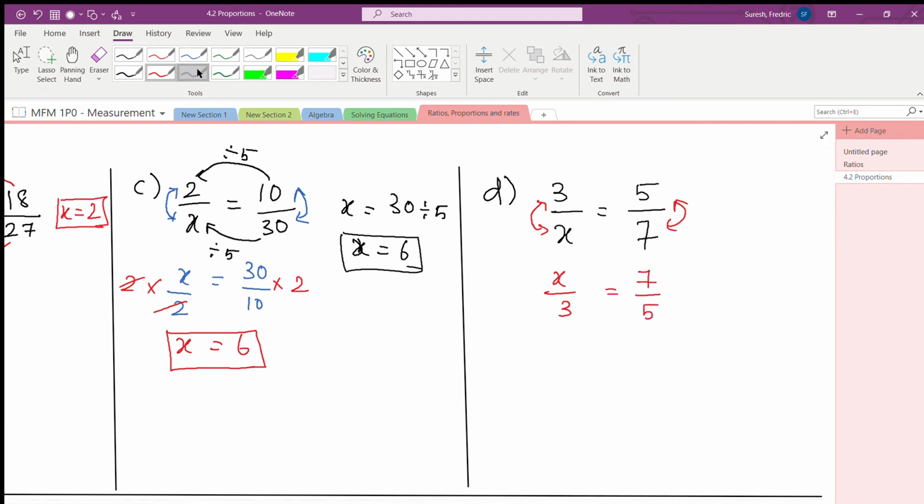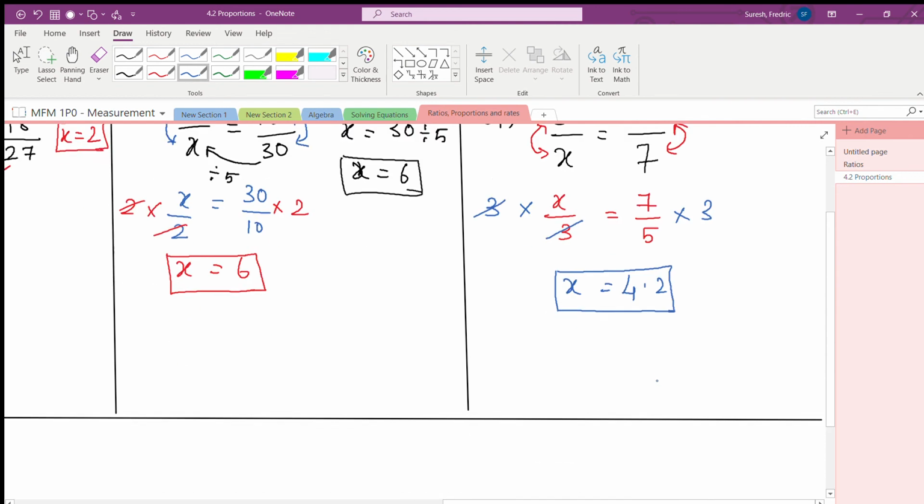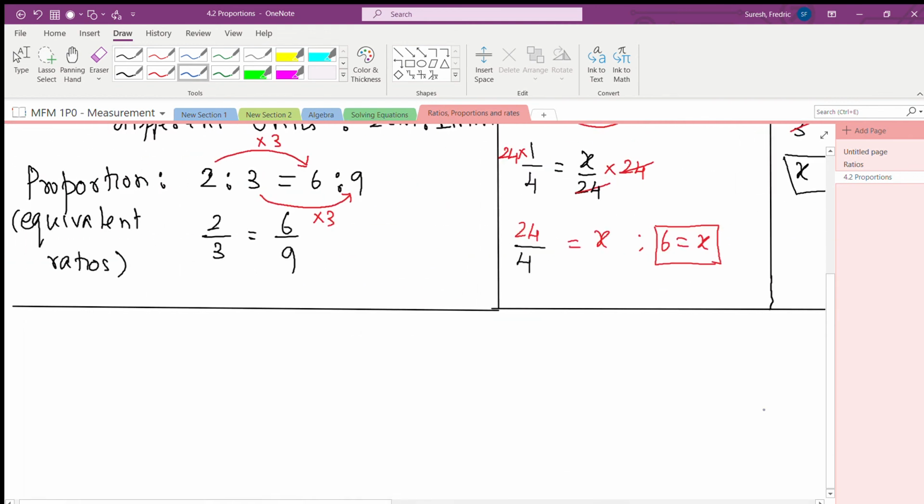And now multiply both sides by 3. Why do we do that? We want to get rid of the division of 3. That's why we do that. So we have x equals, in this case, 7 times 3 divided by 5. And your answer is a decimal. And that's okay.